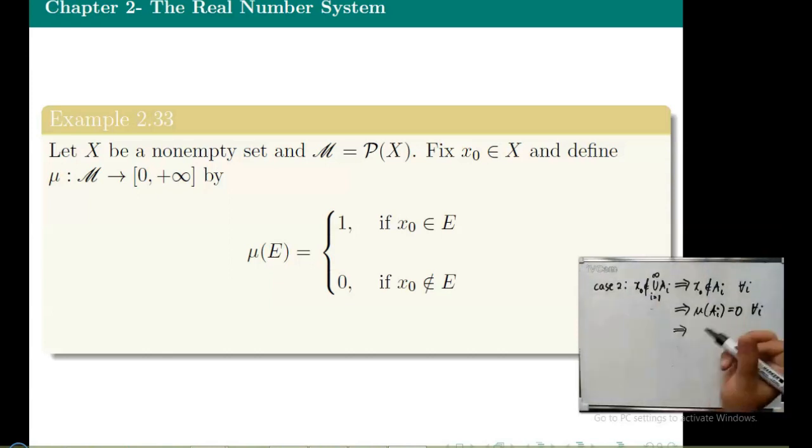This means also that the mu of the union of A sub i, where i is from 1 to infinity, is also 0. Why? Because based on our assumption, x sub 0 is not in the union.